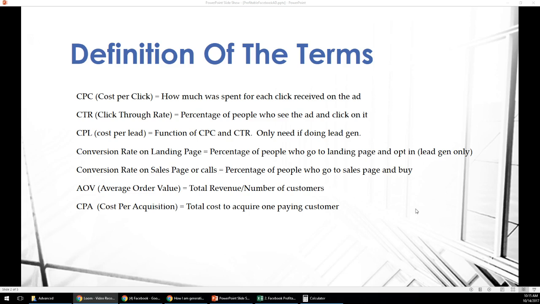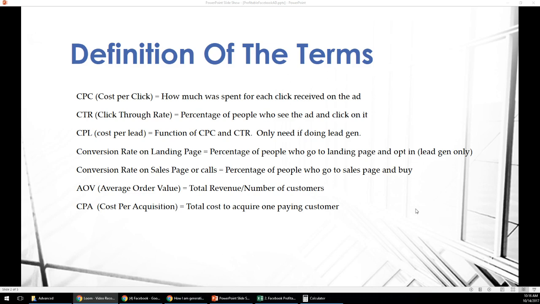Then we have a conversion rate on our landing page. Anytime somebody clicks on our ad, we want to take them somewhere, and usually that place is called a landing page. This tells us the percentage of people who go to the landing page and opt in.